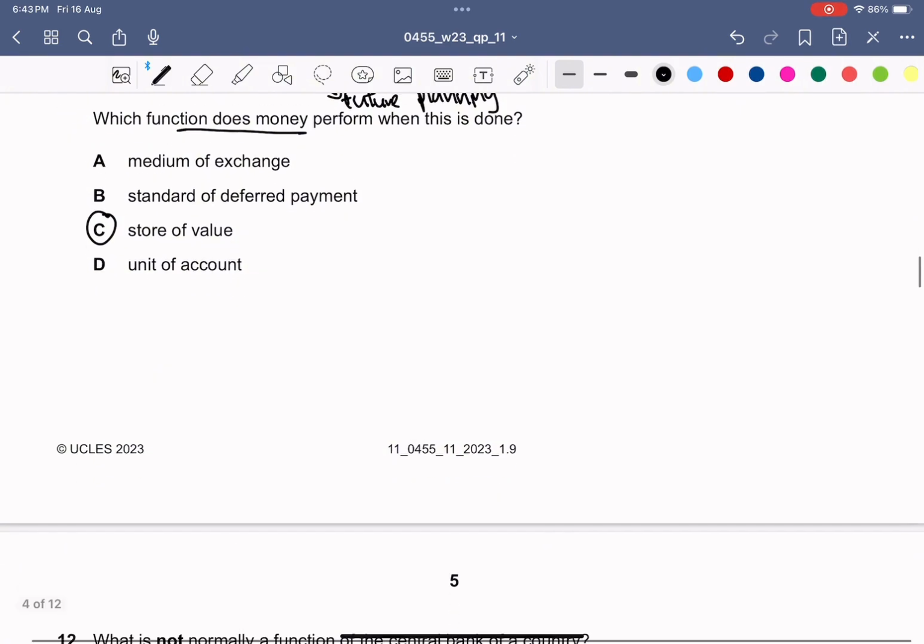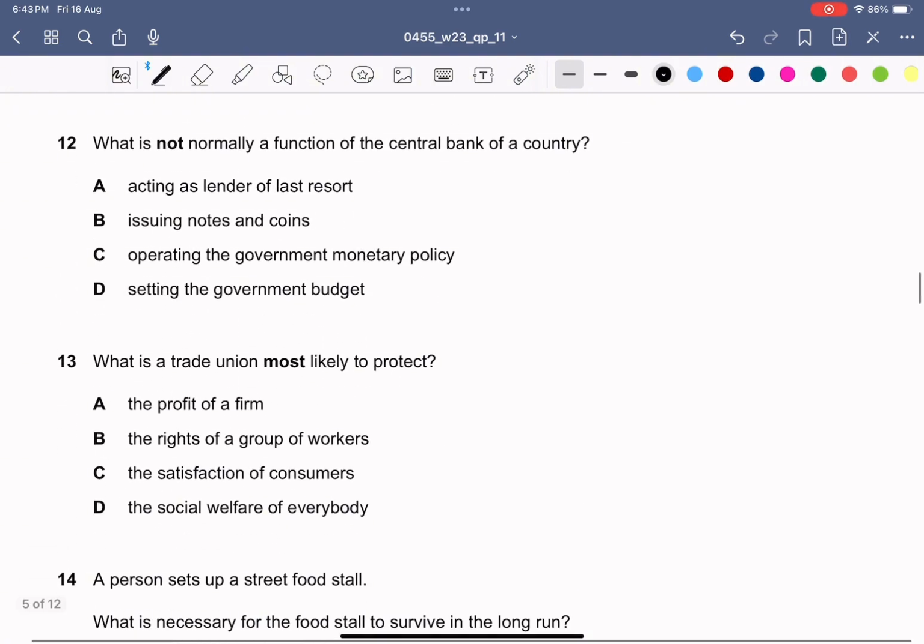Moving on. Question 12. What is not normally a function of the central bank of a country? So we are picking the wrong one. A. Acting as lender of last resort. Yes, it is correct, because the central bank lends money to commercial banks that are going to go bankrupt.